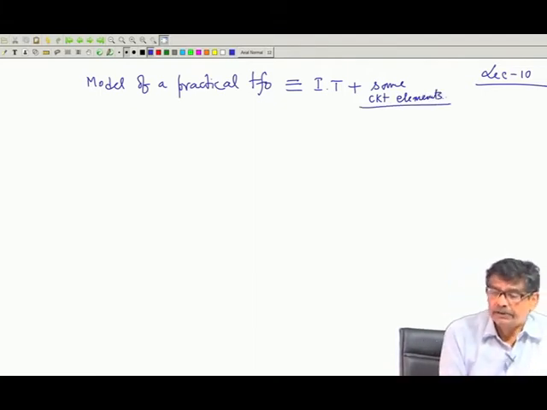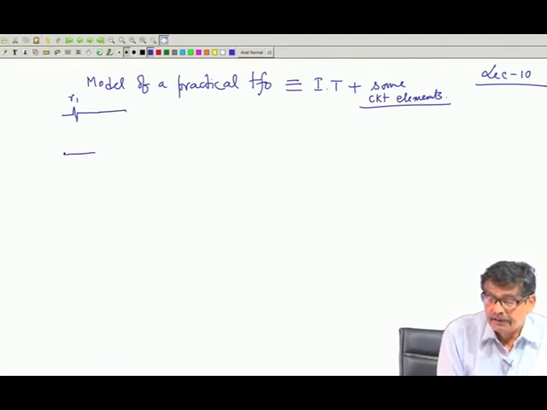I told you that till now what we have done is we have added the winding resistance R1 of the primary, and this is my ideal transformer.